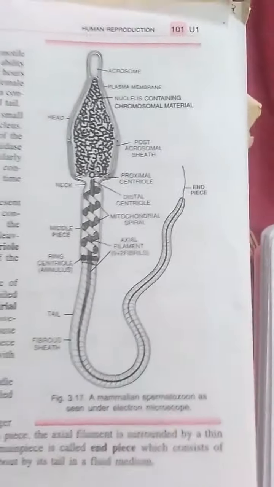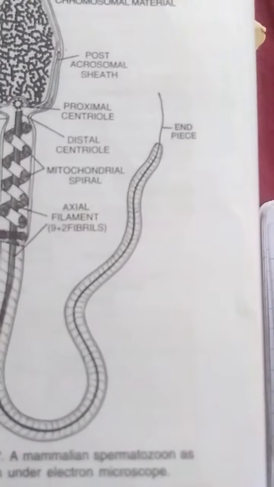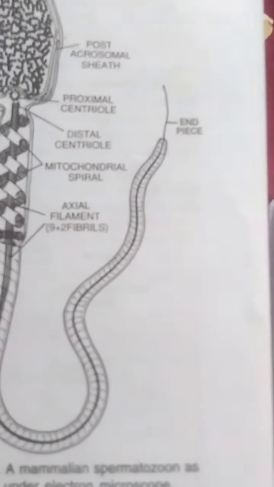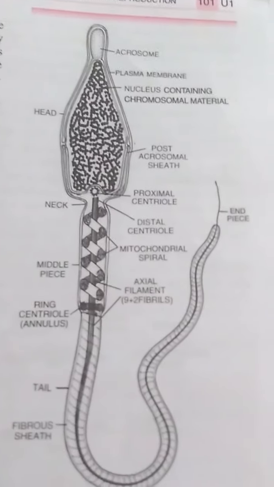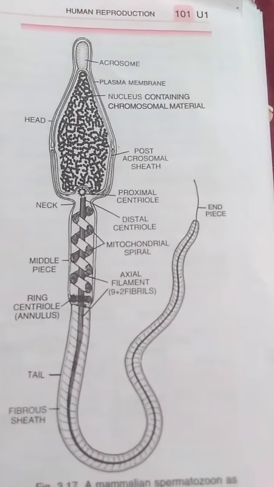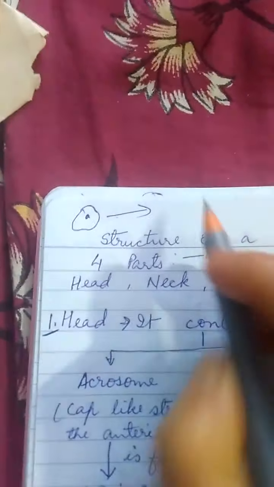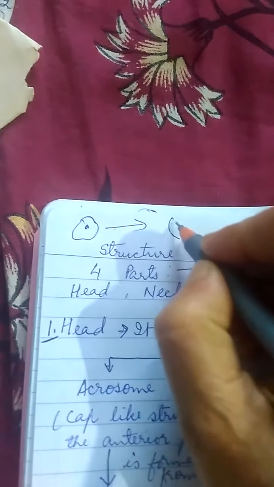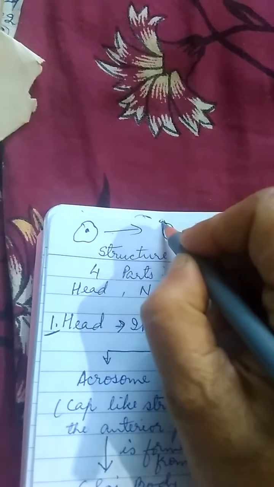So how does a non-motile structure, just like an ordinary cell which has a nucleus, mitochondria, centriole, get converted into a motile sperm? That process is spermiogenesis.